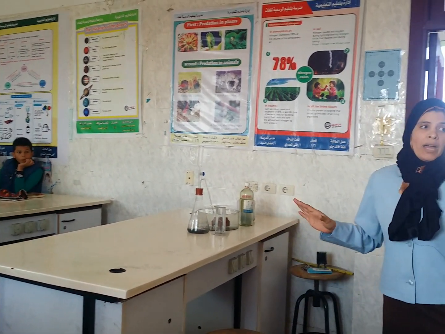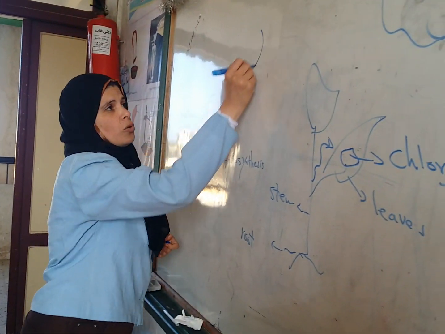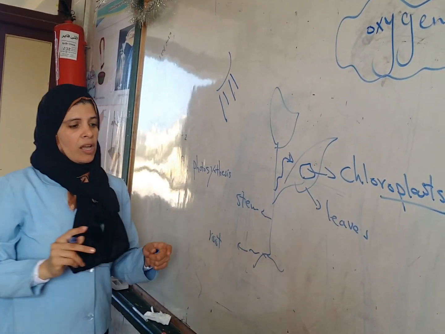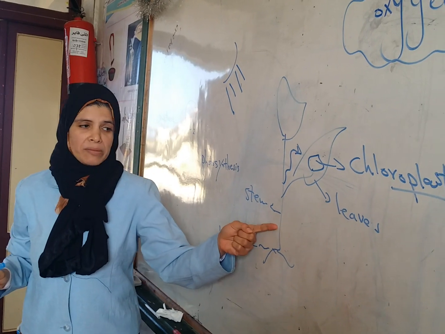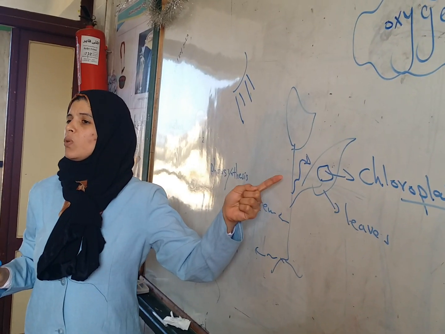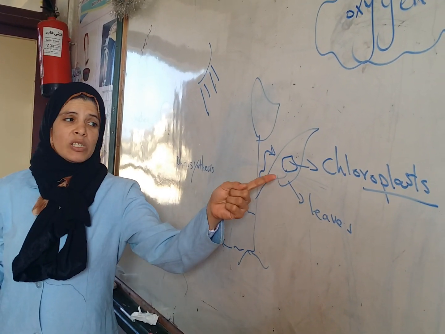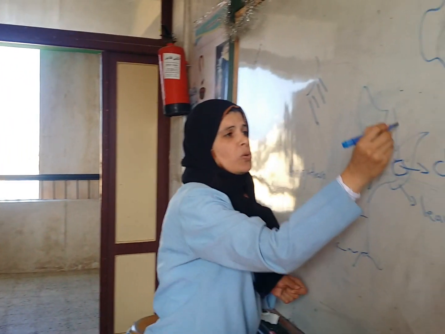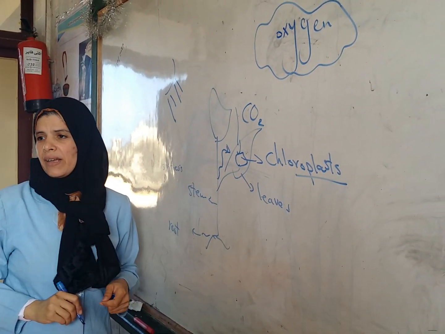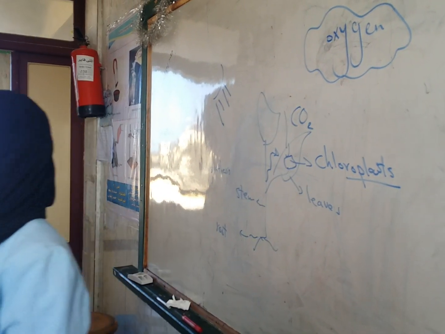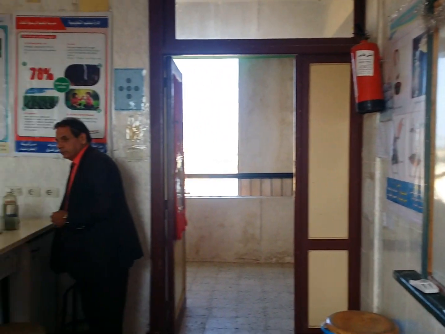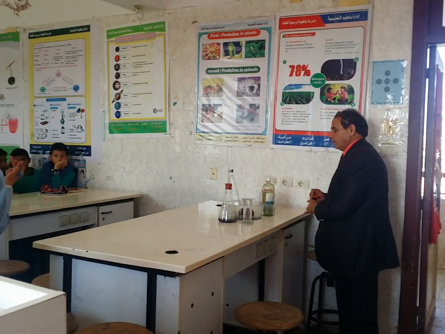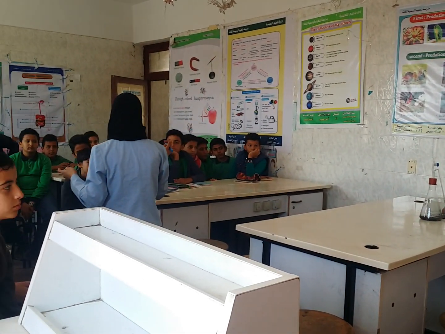Okay? In the presence of sunlight, as you know, this is the sun. The root hair absorbs water and mineral salts, which move through the stem and from the stem to the leaves. And in the chloroplast, at the same time, carbon dioxide enters through the leaves of the plant. A chemical reaction occurs between water, mineral salts, and carbon dioxide.